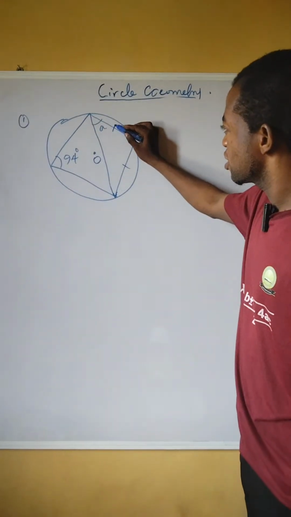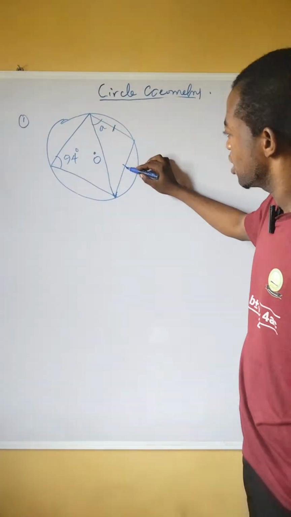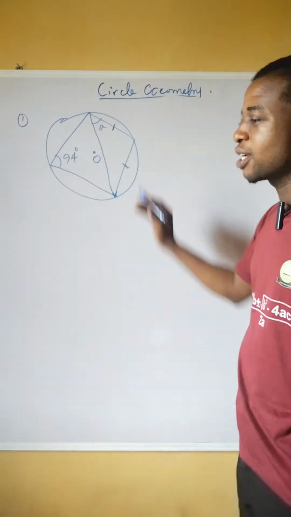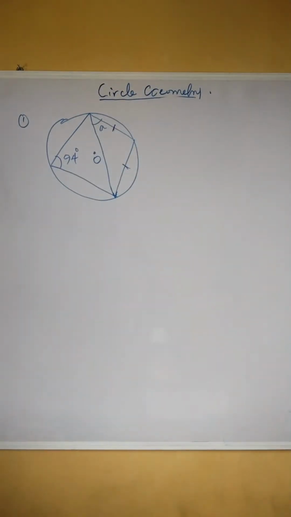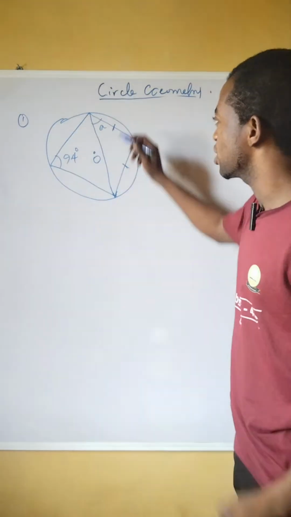Whenever we see a similar sign on two lines, it means that those two lines are equal in mathematics. So we have the same sign on the lines, which means these two lines are equal in length.